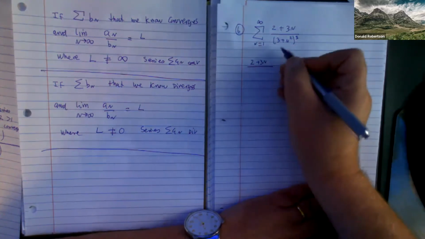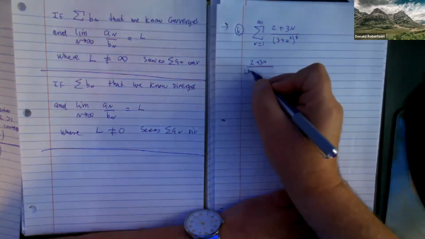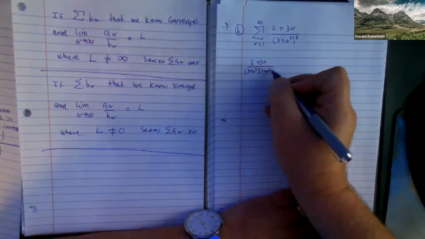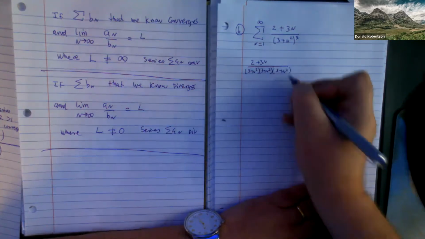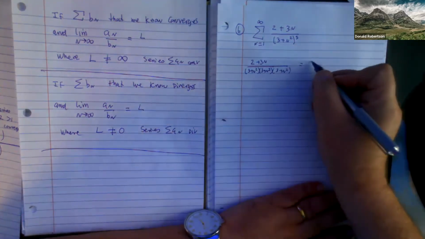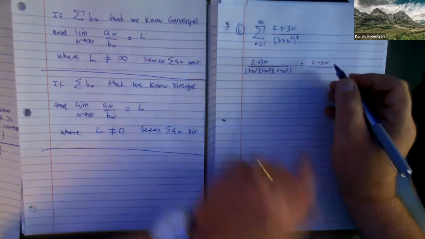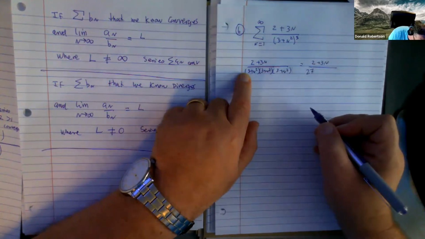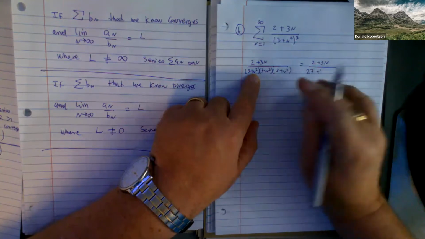That fella there, 3 plus n squared, cubed. I'm going to have to find out what that guy is. Three cubed is 27. You're going to get 3 times that guy squared, so you're going to get 27 times n squared, well, 1, 3, 3, 1.